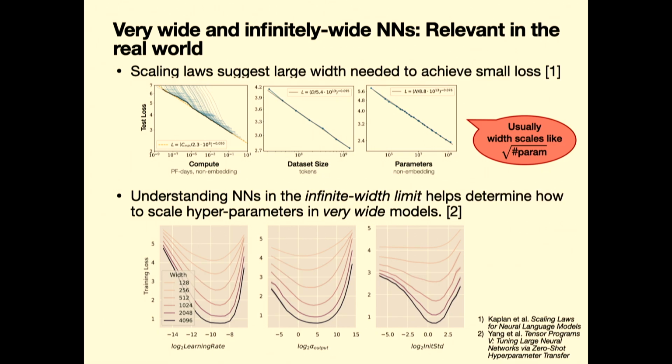So this allows us to choose the optimal hyperparameters for neural networks on smaller ones without having to do that hyperparameter search on the final largest width neural networks that we will use.